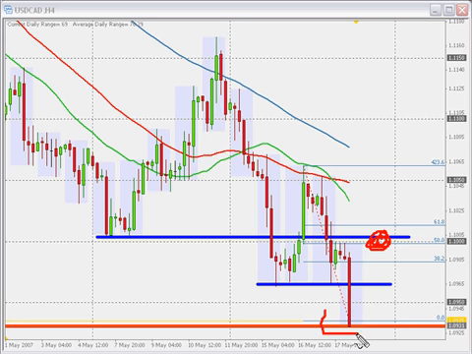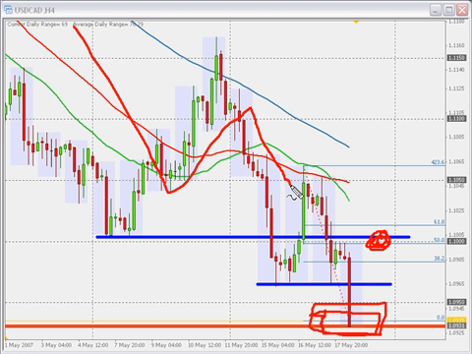According to my system, I'm not going to take it, because basically we are hitting an enormous area of support here. We have a double bottom on the monthly chart, and I'm just not ready to enter at this time until this level gives way.